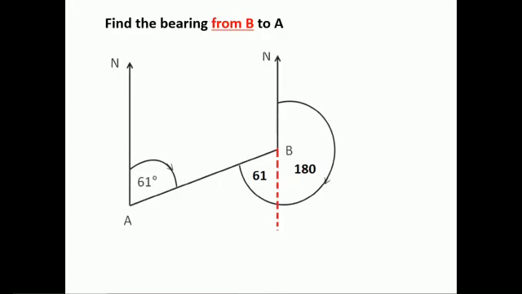These two north lines are parallel, so that is why this will be 61. So one part of this angle is 61, another is 180. What is the total? We have to add them together. So you will get 241. This is the way we find bearing. It's a very interesting topic, as I said at the start.